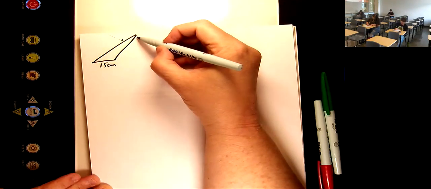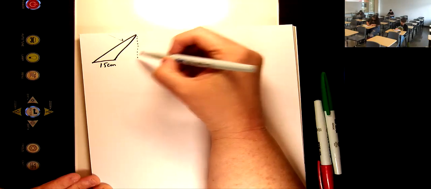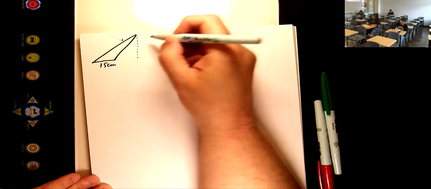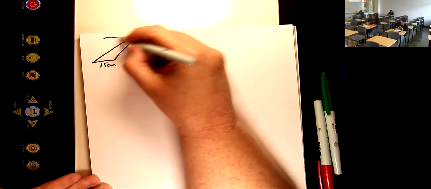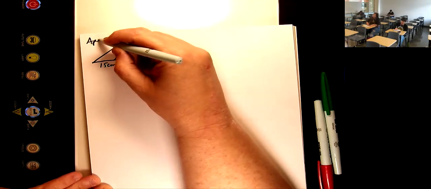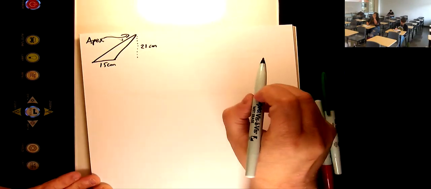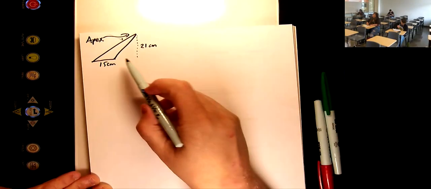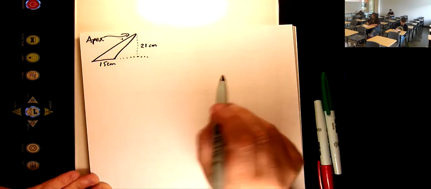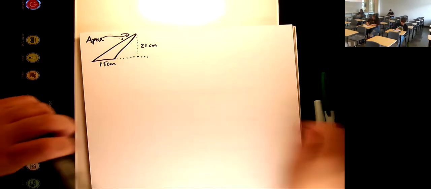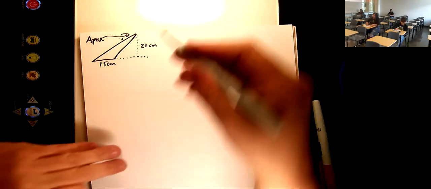And we don't know what the other two sides are, but we know that this is 21 centimeters from the apex. That's called the apex, it's the top. Is this part of the trapezoid? This is triangles. Yeah. So this falls under triangles.